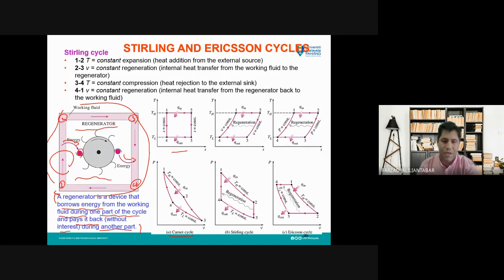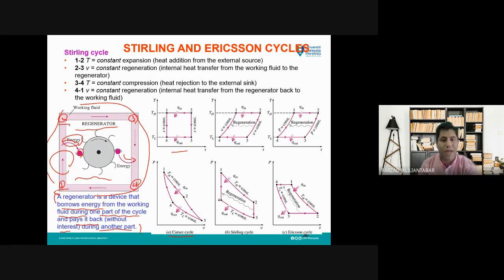For example, if you assume this is a cycle, only in the process from state 1 to state 2 do we have power input to the system. In the process from state 2 to state 3, we don't have any power input to the cycle, so the power will reduce.